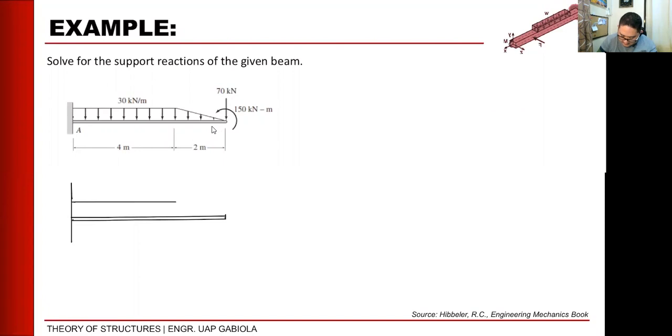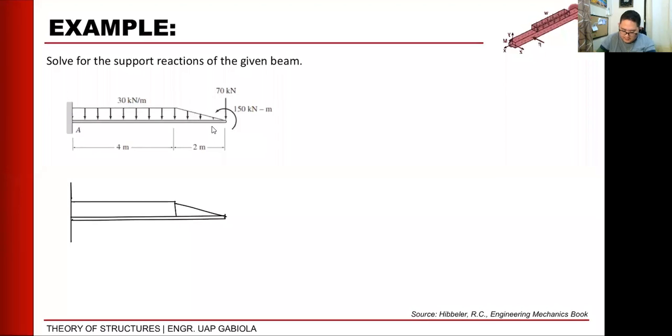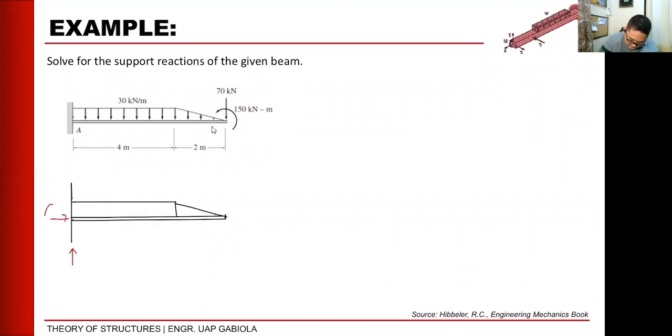And then meron tayong triangle. Okay, so yeah. Then ito yung unknowns natin. So we have RAY, RAX, and MA.